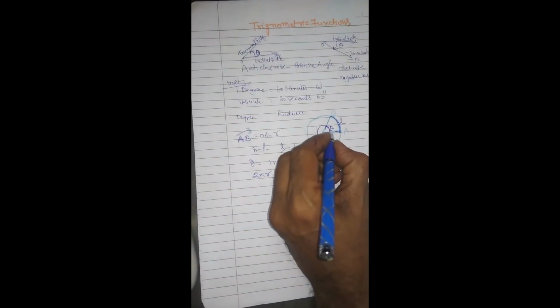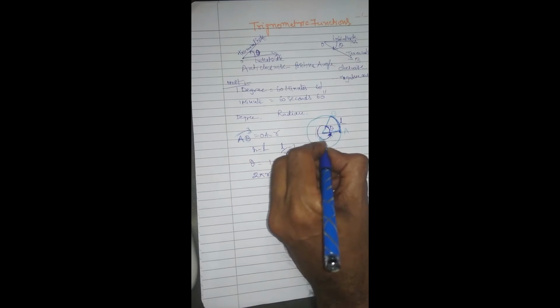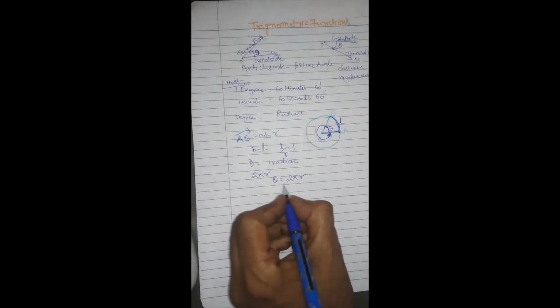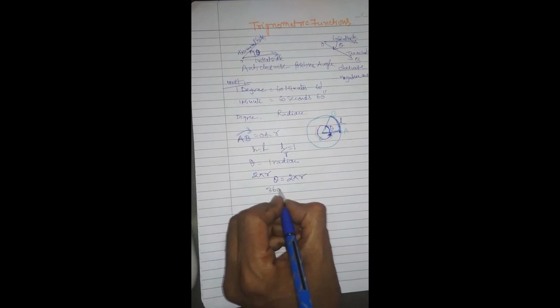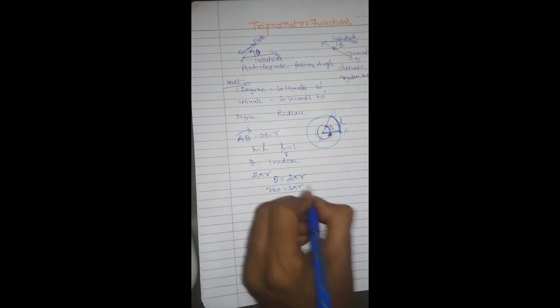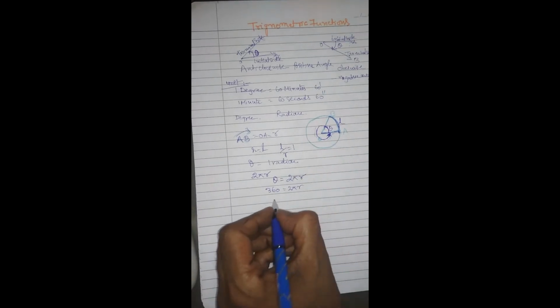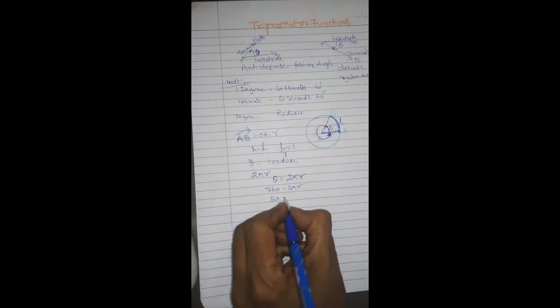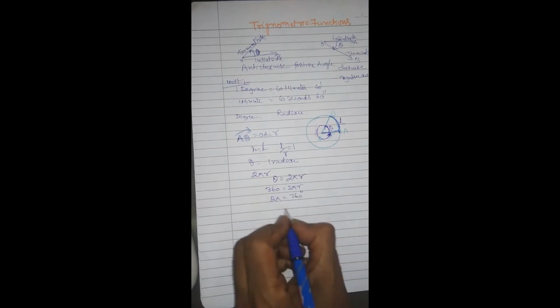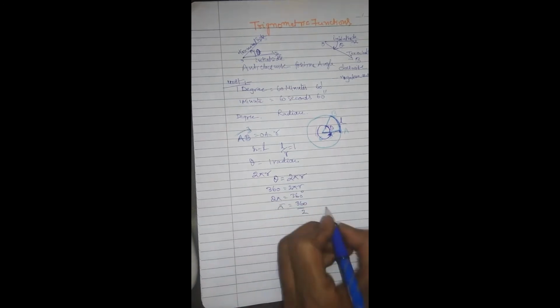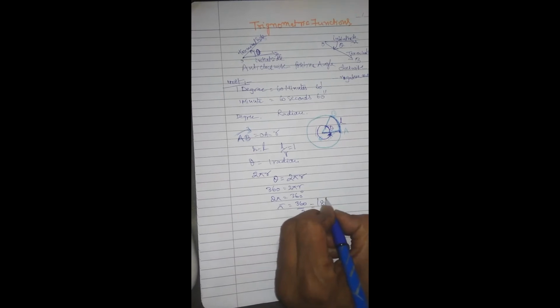But you know, this entire thing at the center, if you take one complete rotation, you call this 360 degrees. So 360 degrees is equal to 2 pi r. The value of r for a unit circle is 1. So 2 pi is equal to 360 degrees. Pi is equal to 360 by 2, that is 180 degrees.